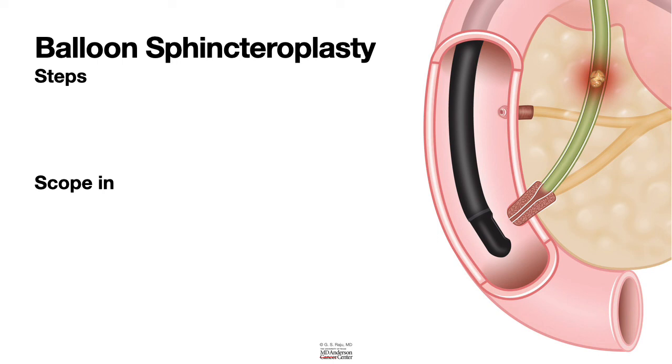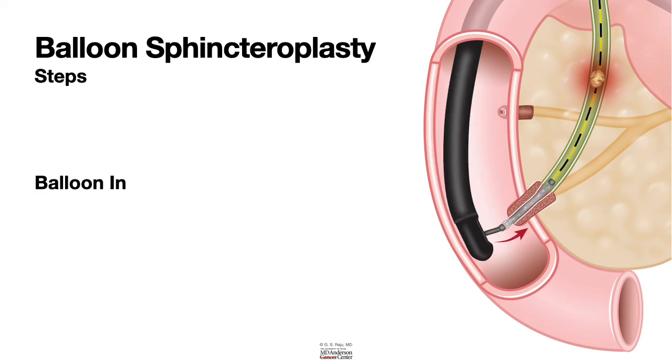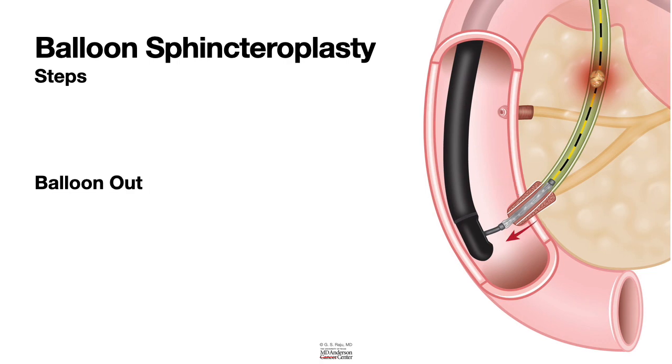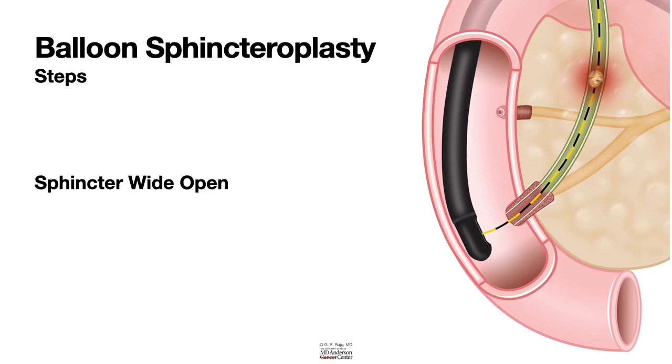Again, the steps are the same. You pass the scope, over the wire pass the balloon, inflate the balloon, deflate the balloon, and balloon out. And the sphincter is wide open to remove the stones.